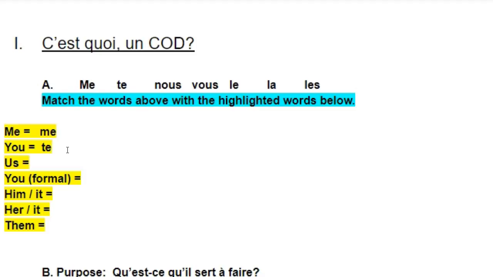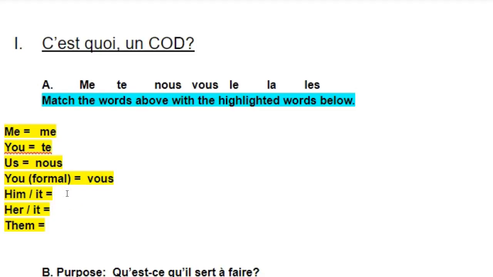Te. That's the object pronoun for you. How about for us? Which of those words above do we generally use for us or we? Nous. How about the formal version of you? That's right, vous.